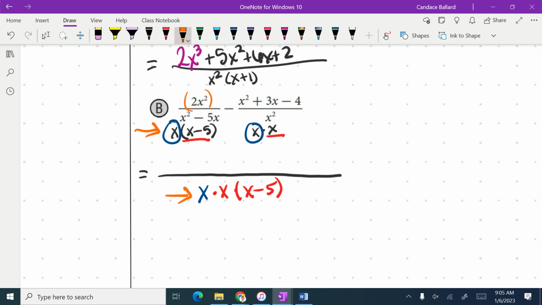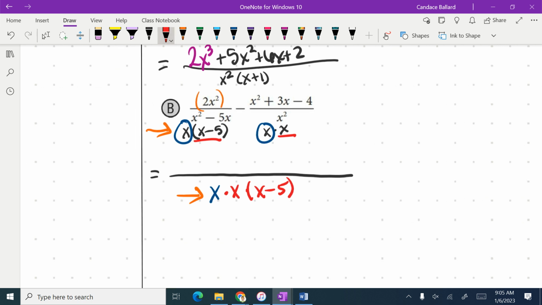So I'm going to multiply by the red X. What is 2x squared times x? 2x cubed. Good.